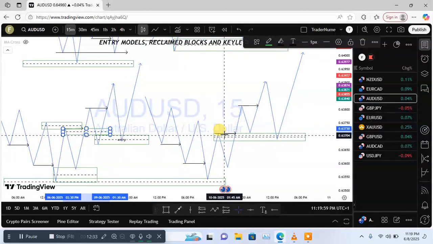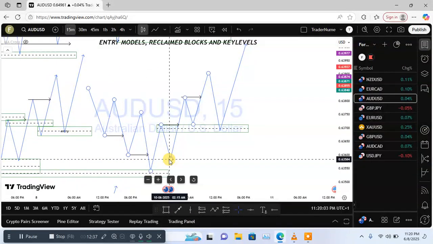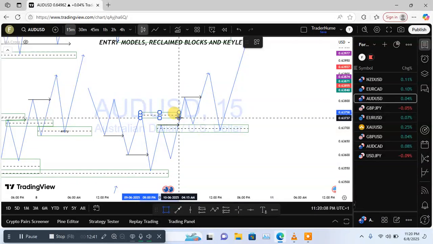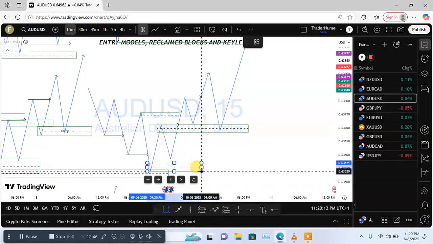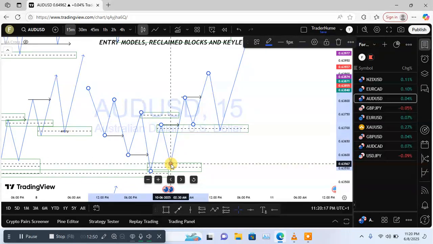But if price fails, like on the second side, if price fails to, this is the supply zone that was mitigated, supply to demand flip. This is for the bullish scenario, right? This is for the bullish scenario.